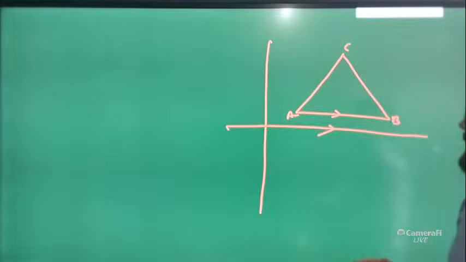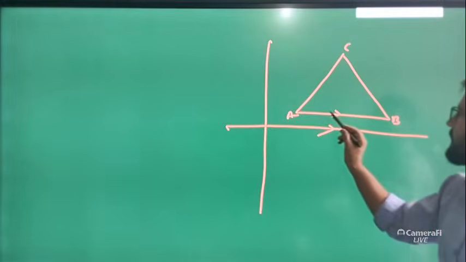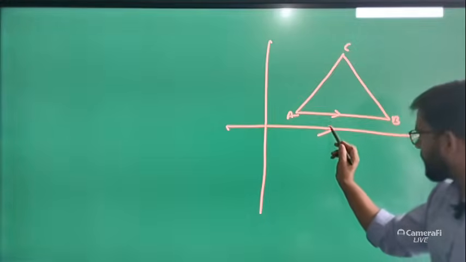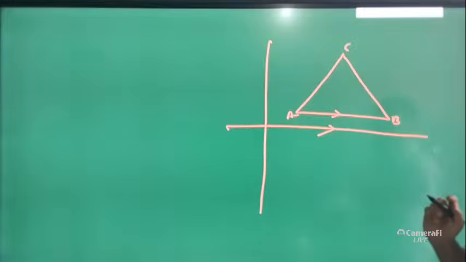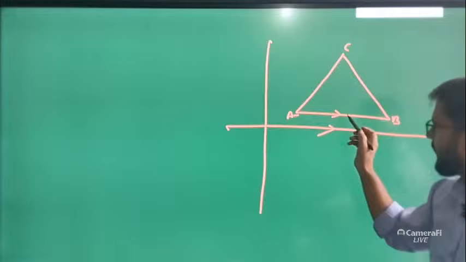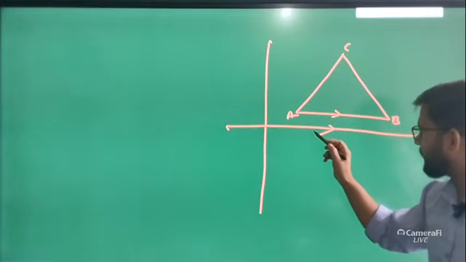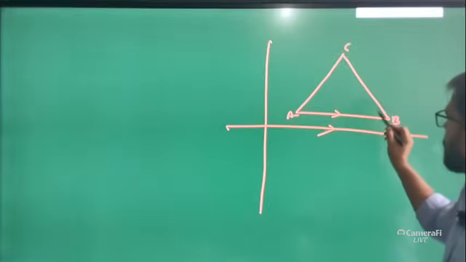And indeed theta is there, because AB is parallel to the x-axis. That means the theta AB makes with the x-axis is 0, because two parallel lines never intersect. This AB will never intersect the x-axis because these two are parallel. So the slope of line AB is 0.